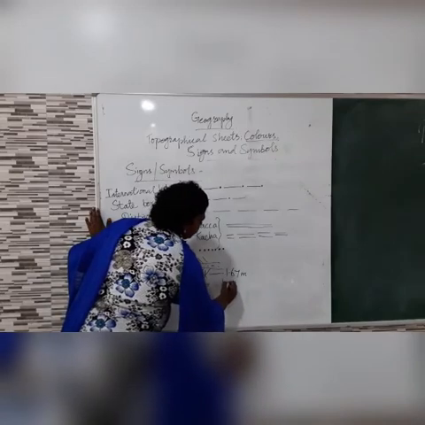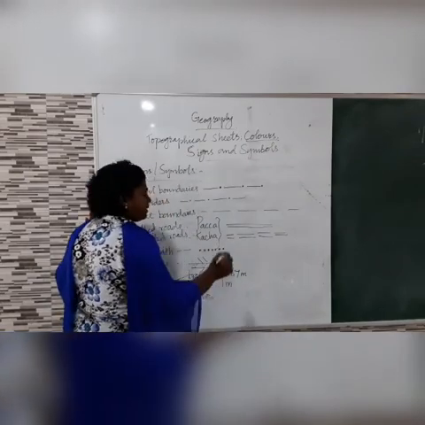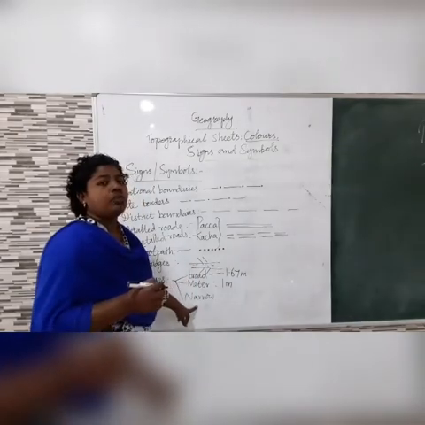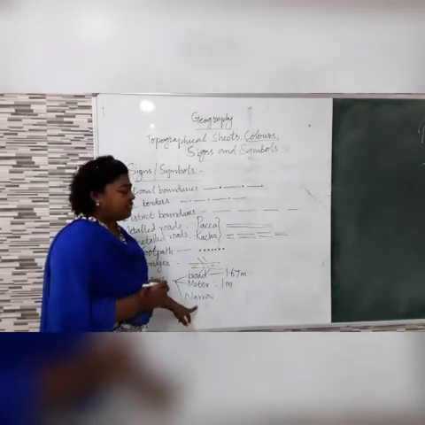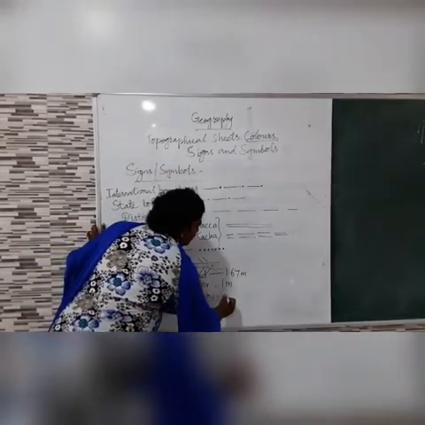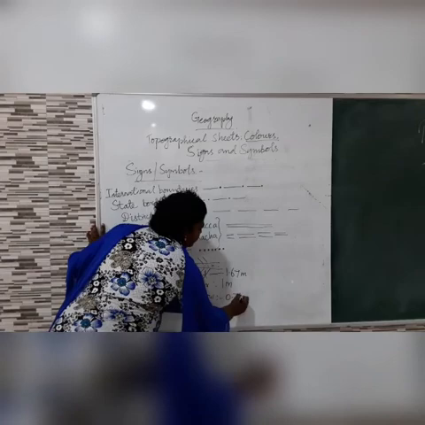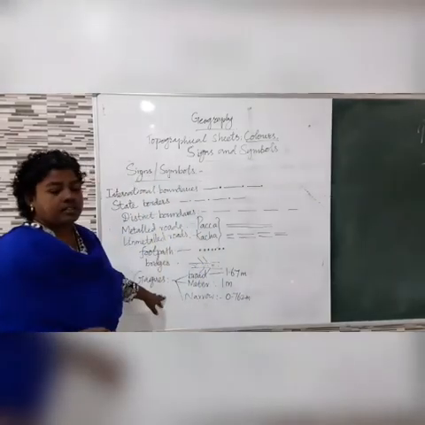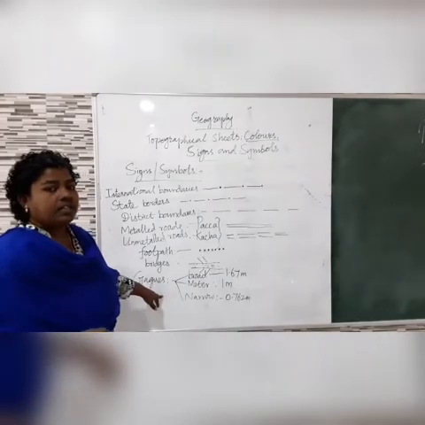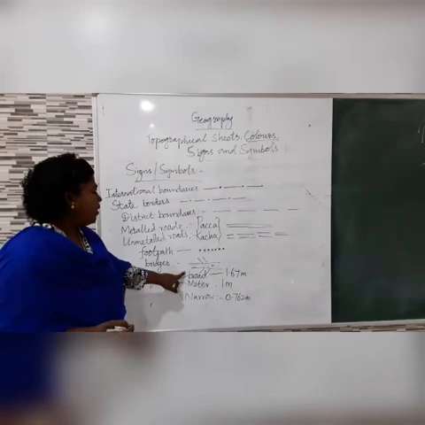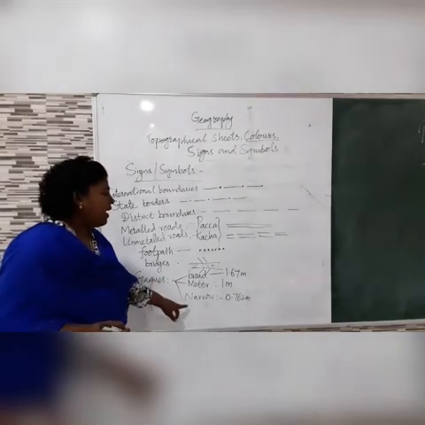What's the distance between two tracks? 1 meter. And narrow gauges are used in the tourist areas, in the mountain regions. The distance between two tracks will be 0.762 meters. These are the three important gauges used in the railway track: broad gauge, meter gauge, narrow gauge.